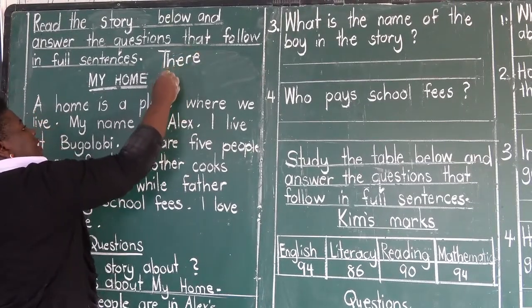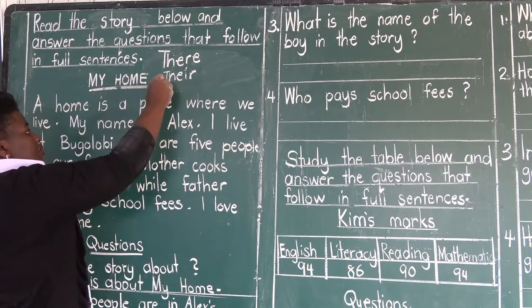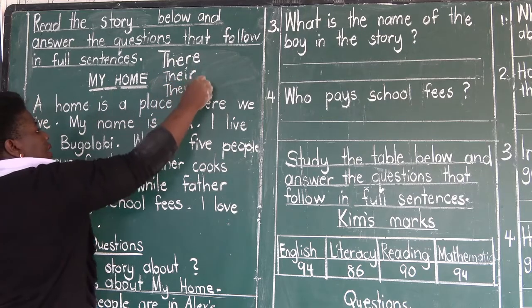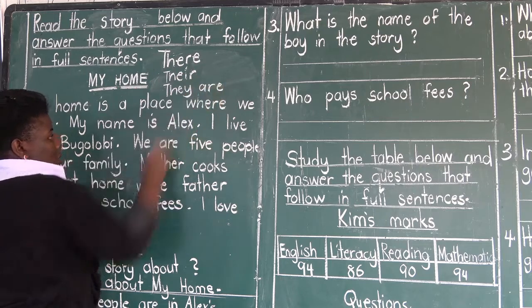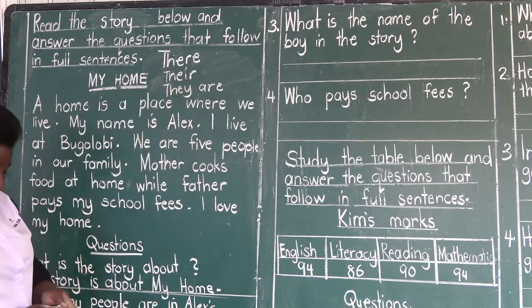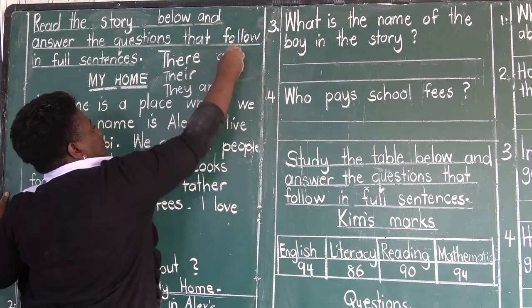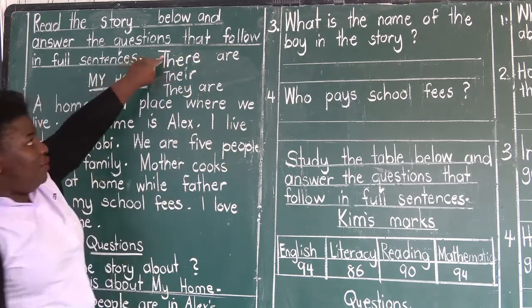Some of you also confuse this with there. This is they are. So we're going to take one. This is the one that talks about the number. There are. So this is what we are going to take.